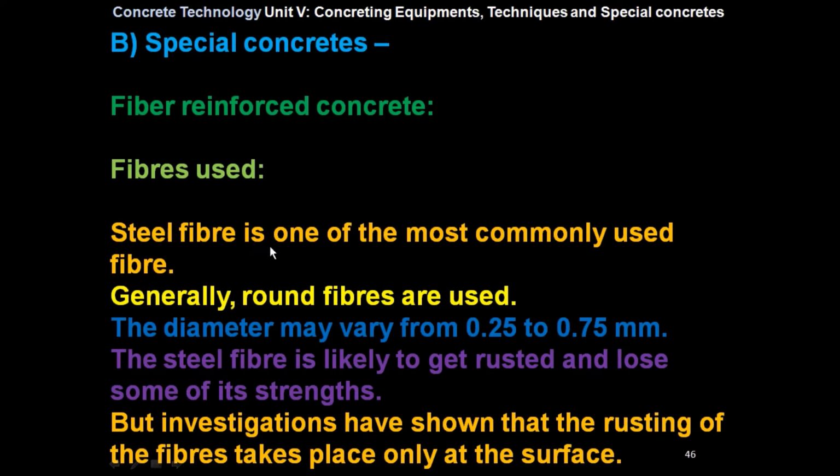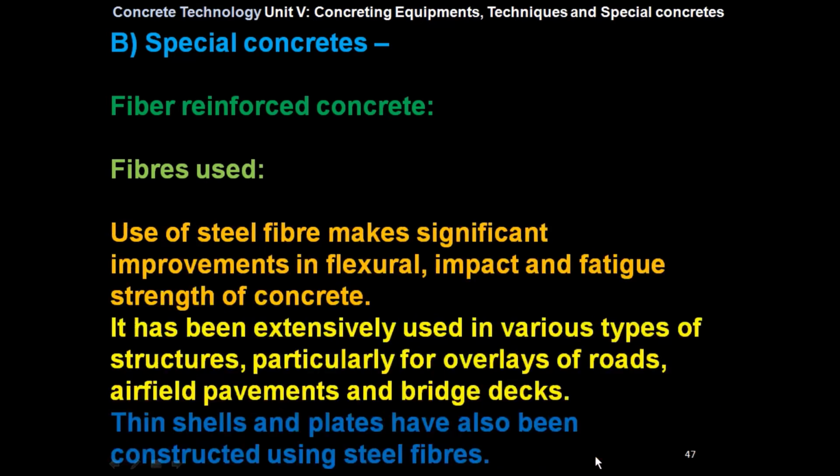Steel fiber is one of the most commonly used fibers. Generally, round fibers are used. The diameter may vary from 0.25 mm to 0.75 mm. The steel fiber is likely to get rusted and lose some of its strength. But investigations have shown that the rusting of the fibers takes place only at the surface.